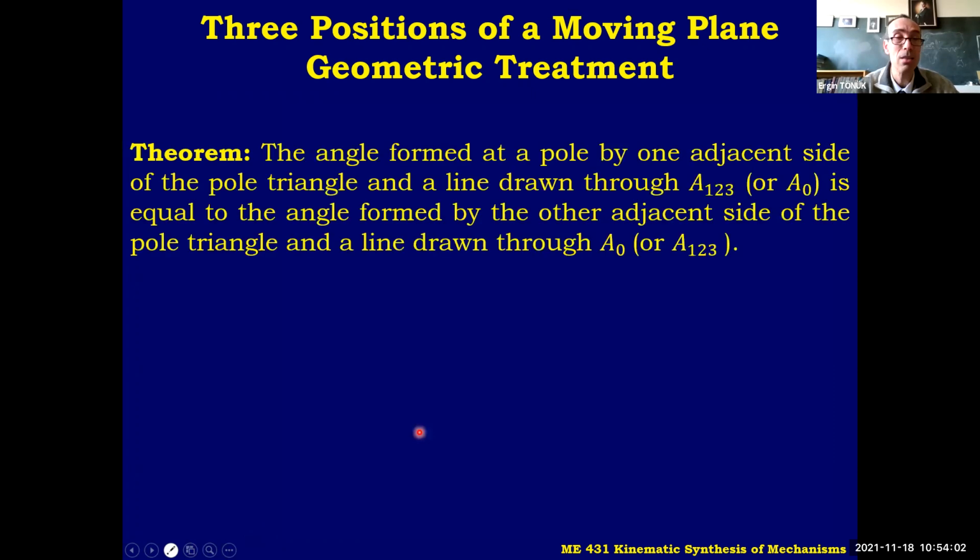It was saying the angle formed at a pole by one adjacent side of the pole triangle and a line drawn through a 2, 3 is equal to the angle formed by the other adjacent side. So these are the two sides, and a line drawn through a 0.